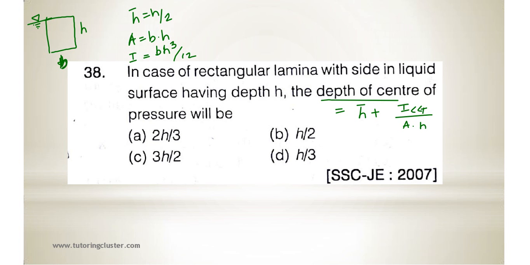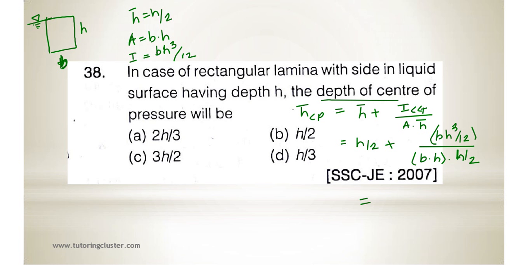This is the formula to calculate the depth of center of pressure. What is H bar? H by 2, plus what is ICG? BH cube upon 12, divided by the area, B into H, and H bar is H by 2.